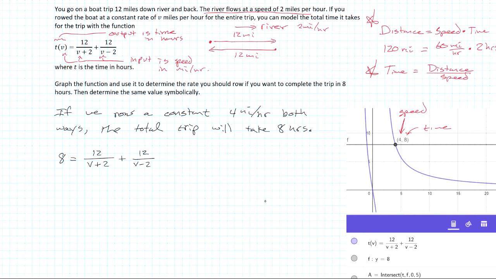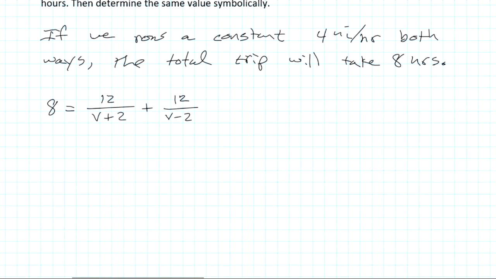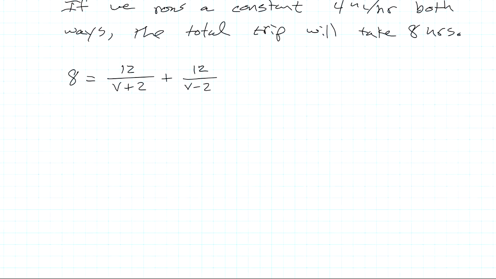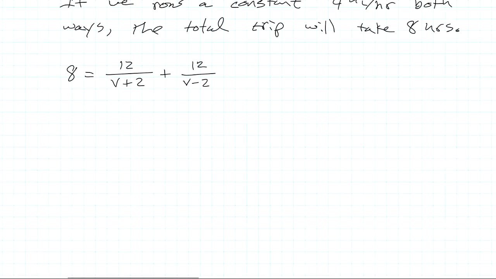And we'll be going over a lot of these techniques and moves that I use in following videos, but I'm going to go through it and at least give some general ideas of how to do this right now. So I'm going to look at the denominators, and I'm going to say the common denominator here is v plus 2 times v minus 2.